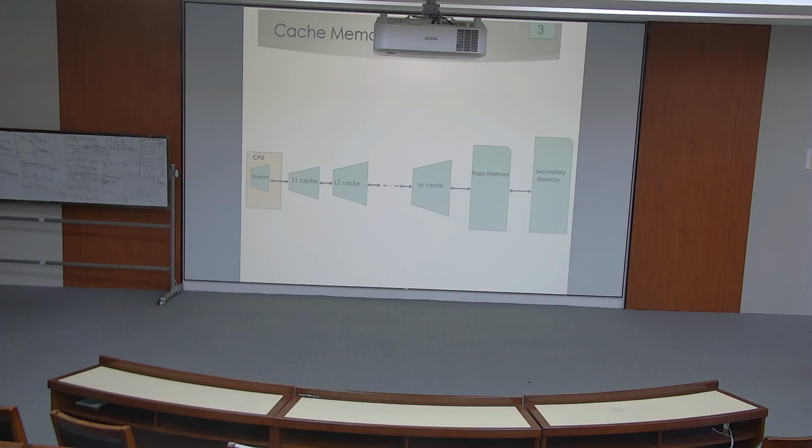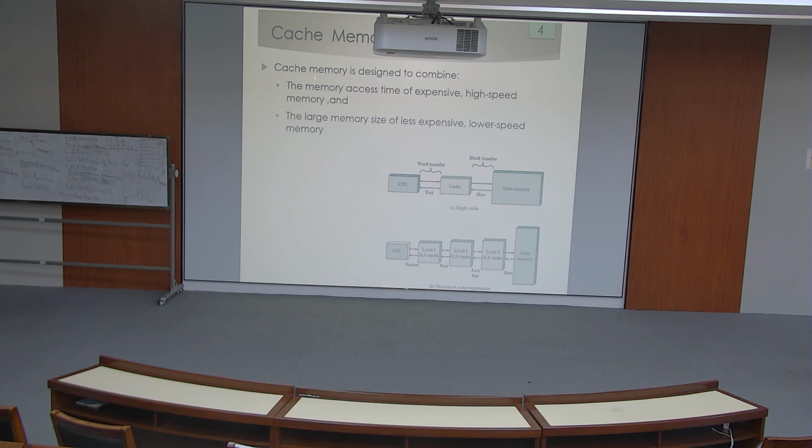Here we have the registers, different levels of cache, and the main memory as the internal memory. Now, why the cache memory? We talked about this. It has to be designed to combine the memory access time of expensive, high-speed memory and the large memory system of the less expensive, lower-speed memory.